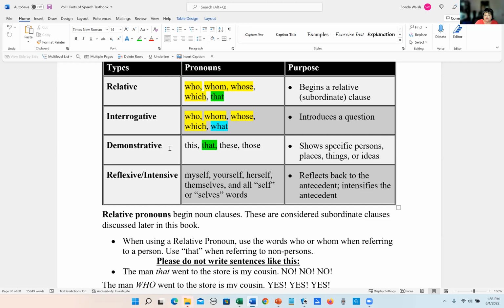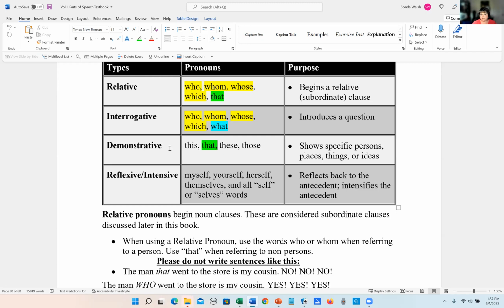So for example, I would say, this is my computer. That, out there in the yard, you can't see it because we're on video, but that is my car sitting in the driveway. These are my headphones. These right here, these are my headphones.